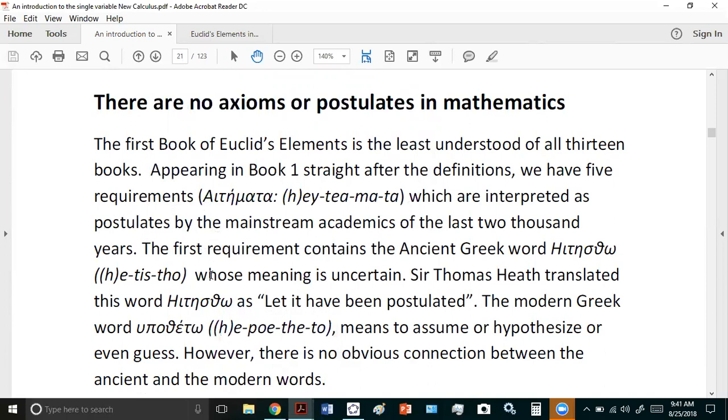Did you know that the word axiom and postulate, both of those words, were not used anywhere in any of the 13 books of Euclid's Elements, and that the ideas were very strongly influenced by the translators, in particular Sir Thomas Heath, who translated the word "itistho" as "let it have been postulated," but that's not the case at all.